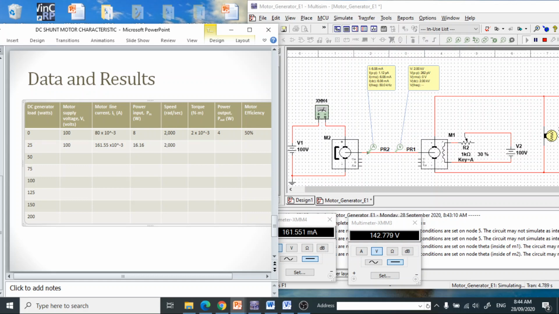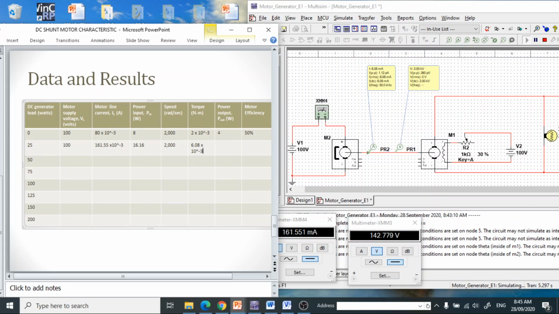The torque, as you can see, increases. That is because the load of the motor starts to increase. It is 6.08 times 10 to the power of negative 3 Newton meter. So the output can be calculated using the same formula, 2 pi nT: 2 pi times the speed times 6.08 times 10 to the negative 3.